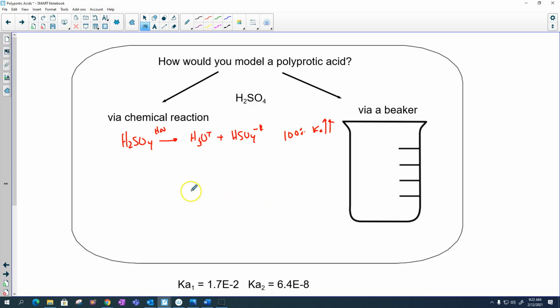The next one you could look up: HSO4 minus 1 plus H2O yields H3O plus and SO4 minus 2. And this Ka likely is on the factor of 10 to the negative 6th, maybe 10 to the negative 8th.